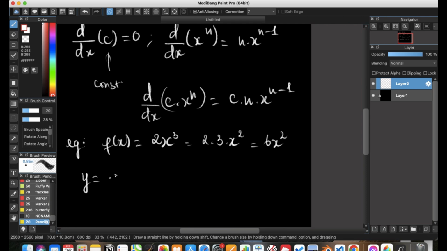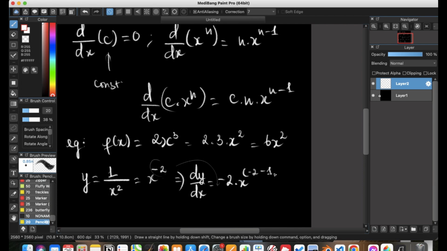If y equals 1 over x to the power of 2, we can rewrite it as x to the power of minus 2. So the derivative is equal to, let's bring this down here, minus 2 x to the power of minus 2 minus 1. So that is going to be minus 2x to the power of minus 3, and we can rewrite it as something like this.